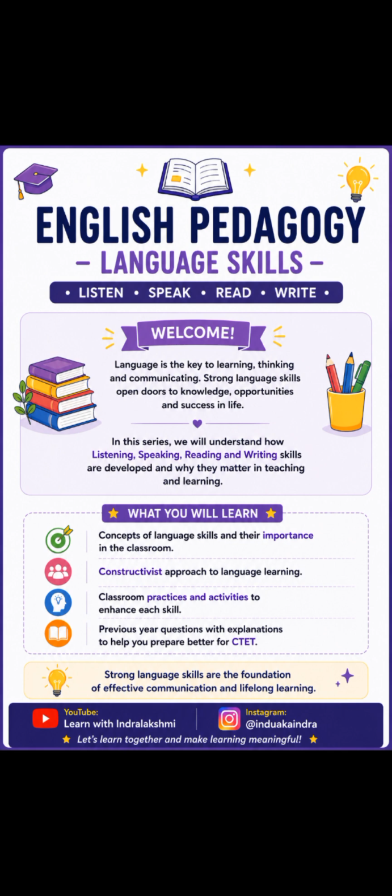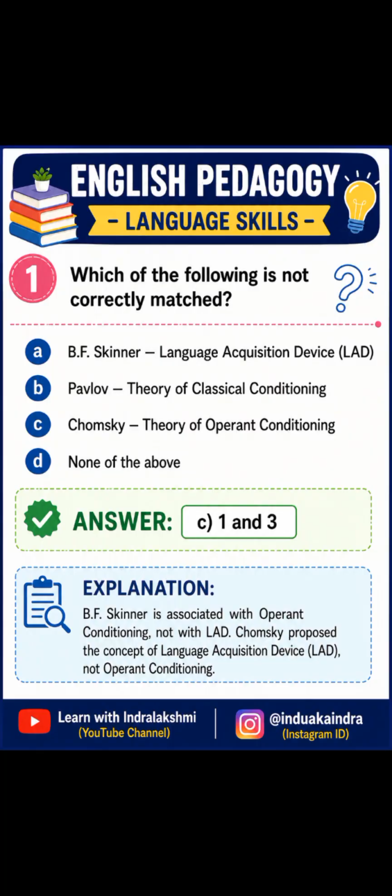And here it goes. The first question says, which of the following is not correctly matched? If you see, there are 4 options. First option says B.F. Skinner to LAD, language acquisition device, Pavlov, theory of classical conditioning, Chomsky, theory of operant conditioning, and none of the above.